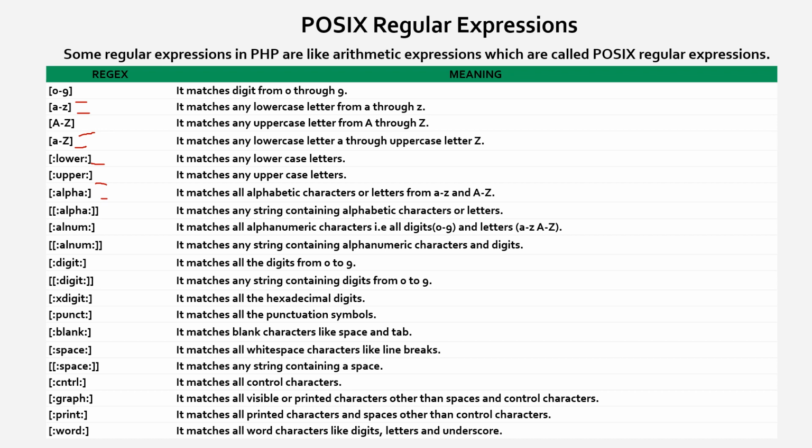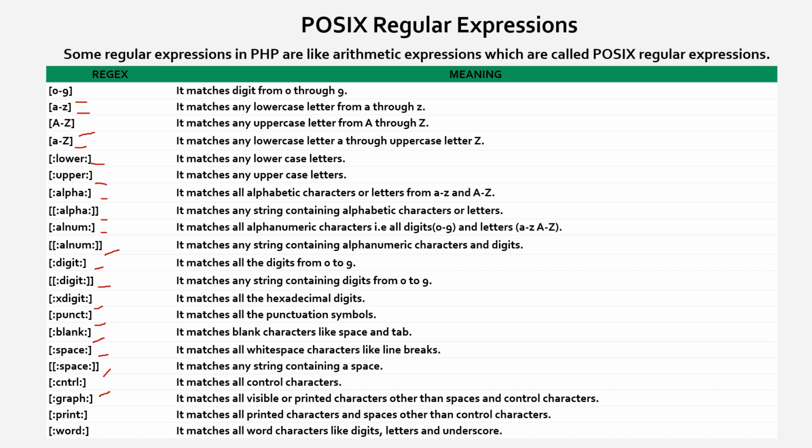Alpha matches alphabetic characters, A to Z, small and capital. This is within a string, a string containing alphabetic characters. This is alphanumeric, a string containing alphanumeric characters. This is digit, which matches digits 0 to 9, a string containing digits. Now hexadecimal number, punctuation symbols, blank, special characters, then spaces, a string containing space, then control characters, graph.